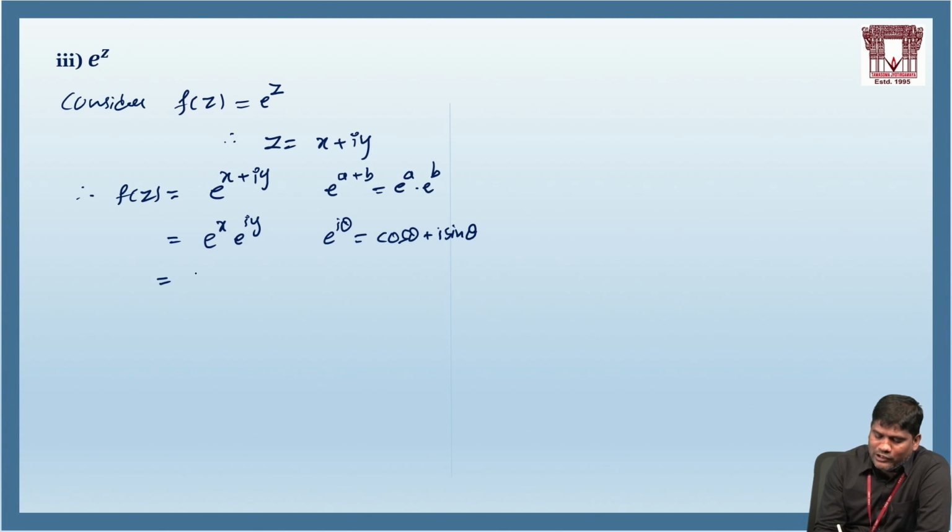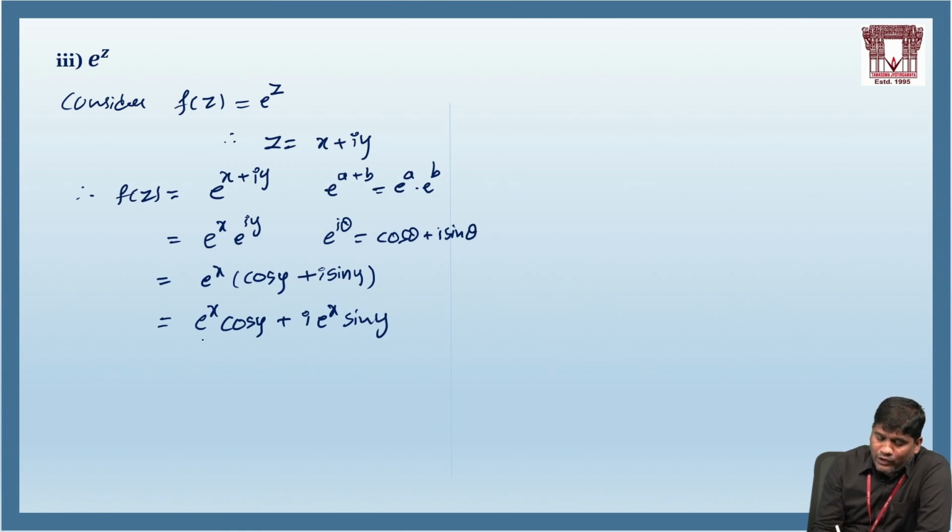So according to this principle, we can write e power iy as cos y plus i times sin y. Then this is equal to e to the power of x into cos y plus i into e to the power of x into sin y.